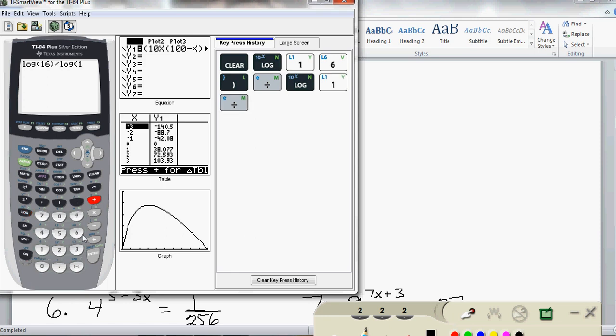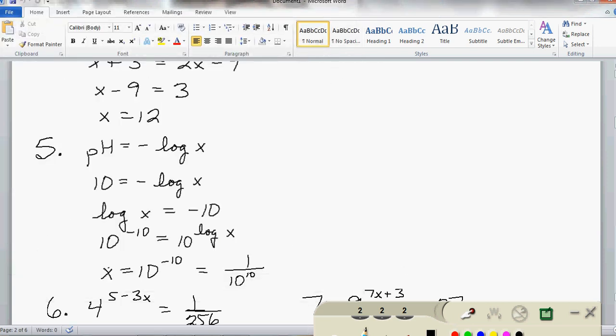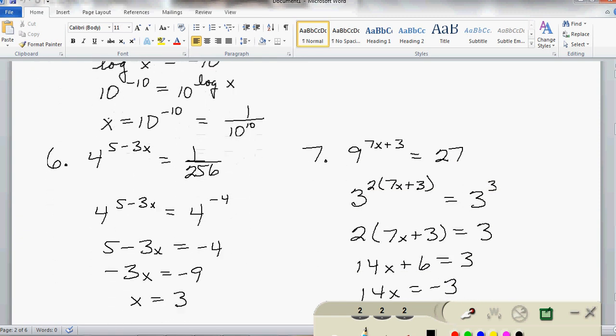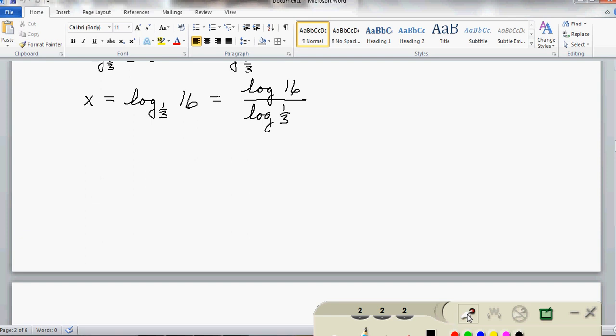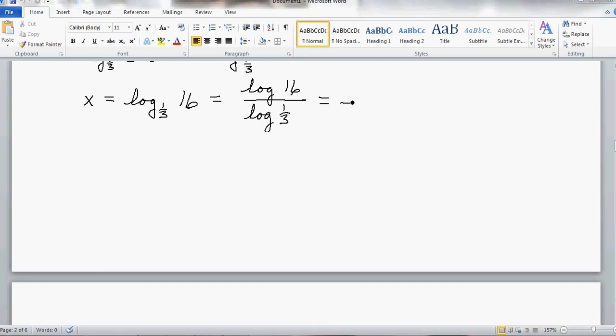So 1 divided by 3, close that out, and hit enter. And my answer, rounding to 2 decimal places, since that's what it asks, negative 2.52. So the answer here would be negative 2.52.